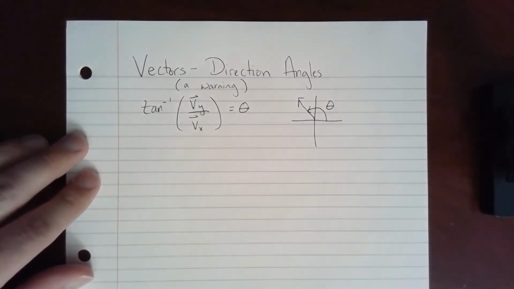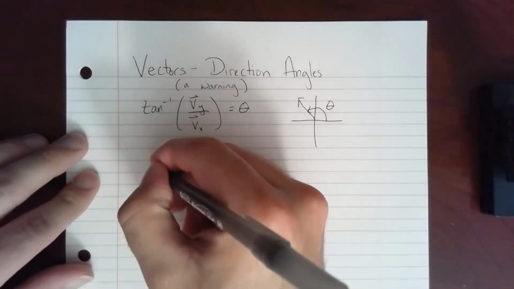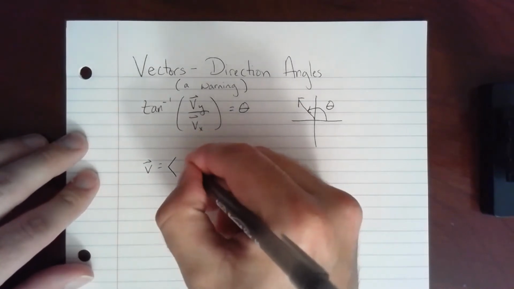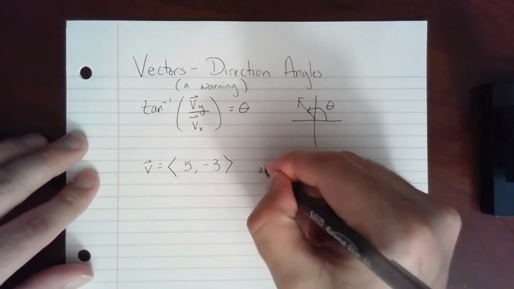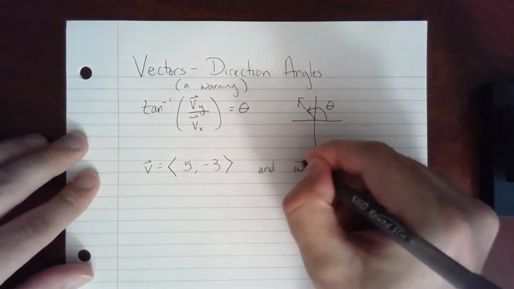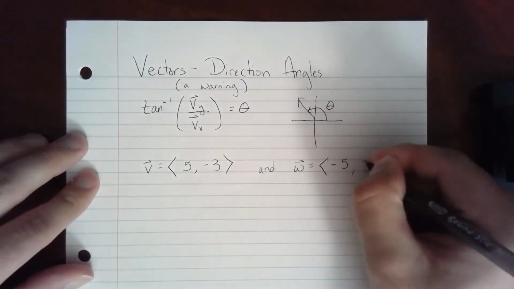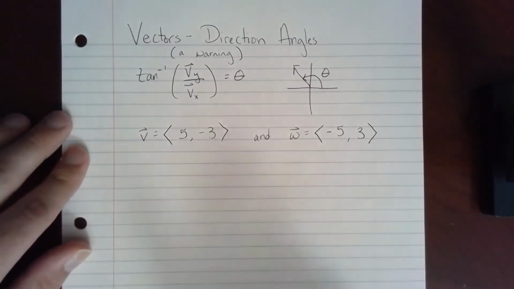So what I want to do is very quickly just point out that if I had a vector v with the components 5, negative 3, and I had a vector, let's say w, with components of negative 5, positive 3, these would be drawn in different directions.